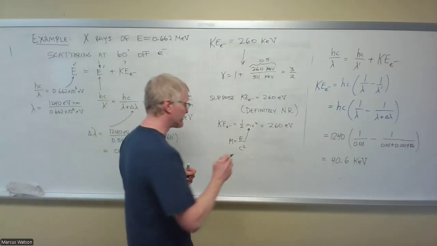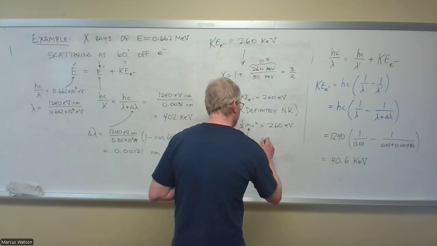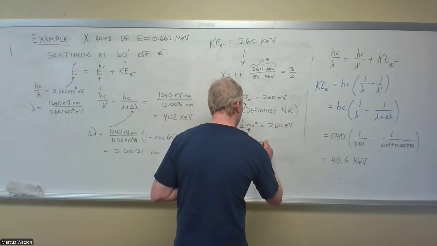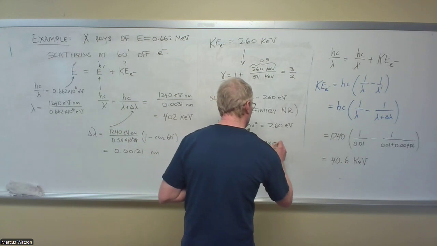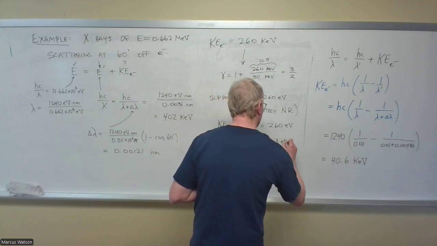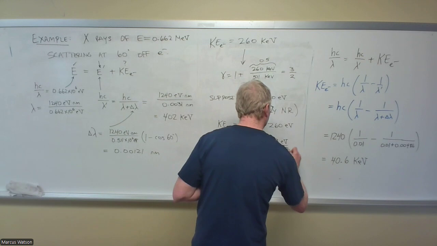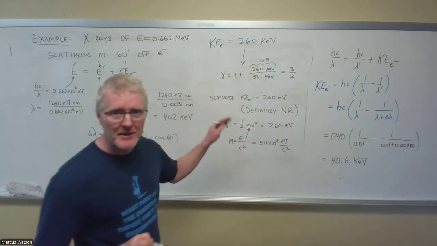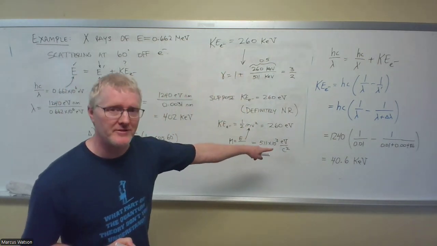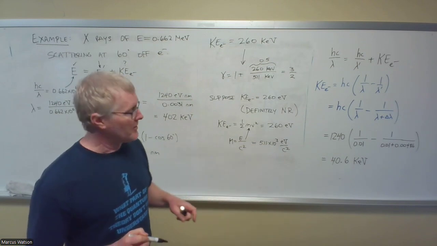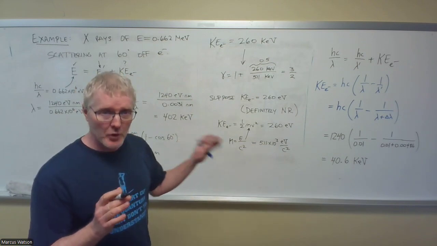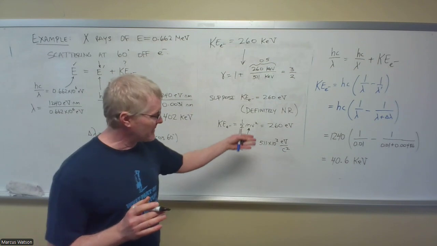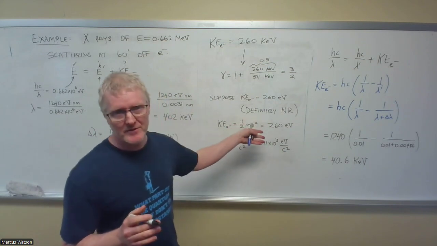Watch what I'm going to do. I'm going to take the rest energy of the electron, which is 511 times 10 to the 3 electron volts per c squared. And I'm going to leave the c squared in the units. Just like we did with volts and electron volts, now I'm doing c squareds in the units.